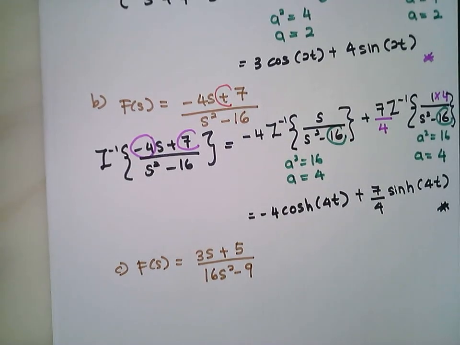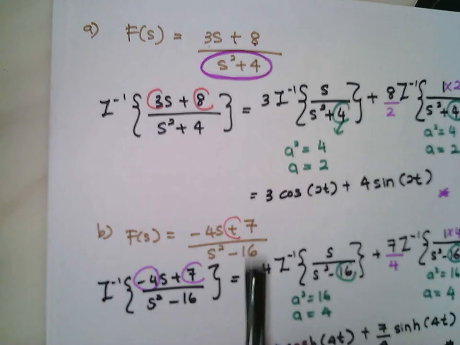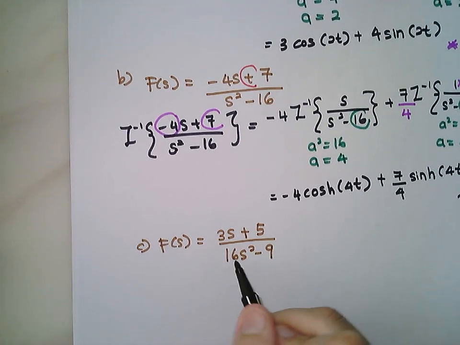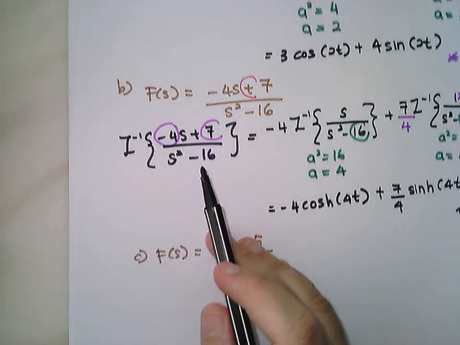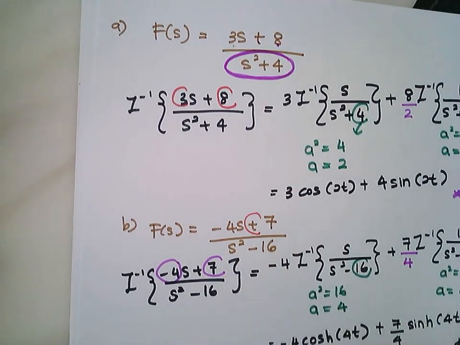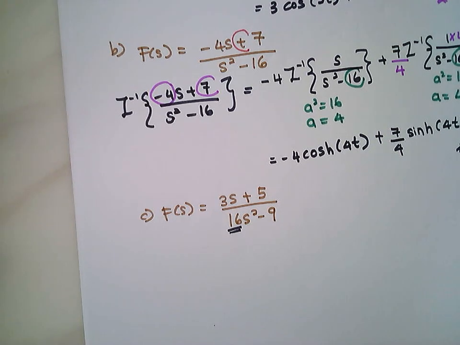What is another difference? The difference between this function and these two functions is that, as you can see, there is a constant more than one for the s squared. As you can see here, this is s squared. This is also s squared. But for this one, you have 16 s squared.